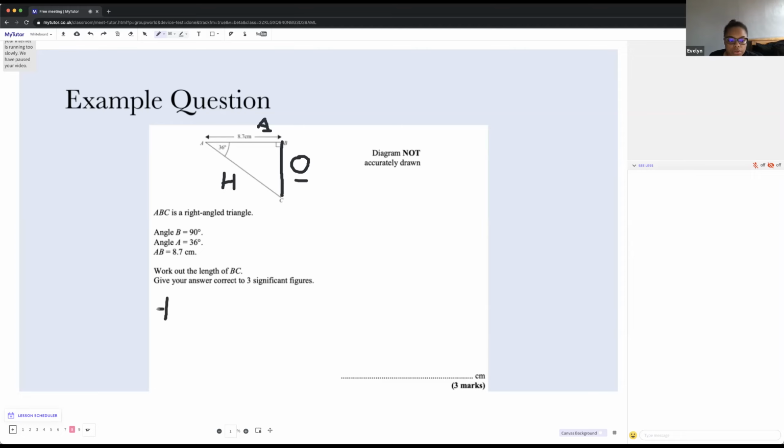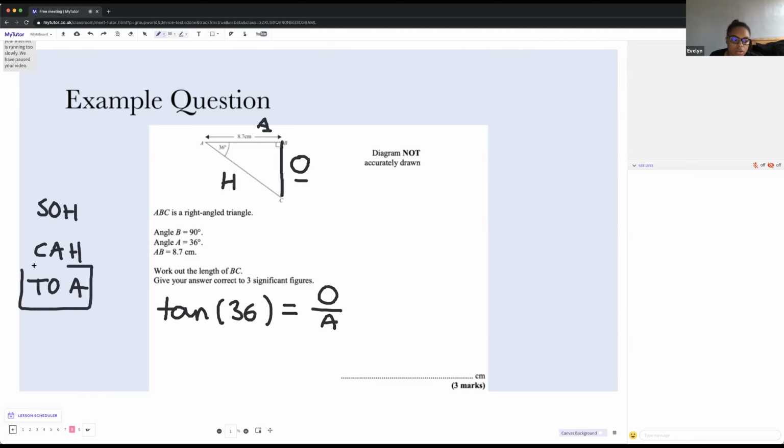So we know that the tan of the angle, so 36 degrees, is equal to opposite over adjacent, because it's SOHCAHTOA. So tan is opposite over adjacent. Now the adjacent, we already know what the adjacent is because they've told us that. The adjacent is 8.7.